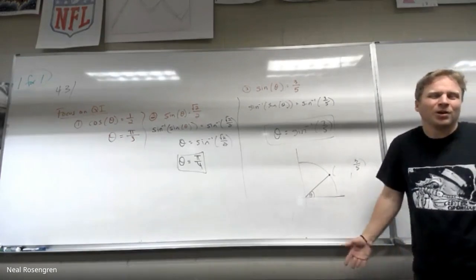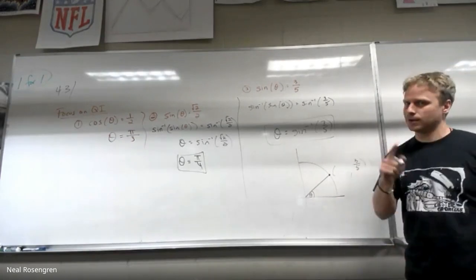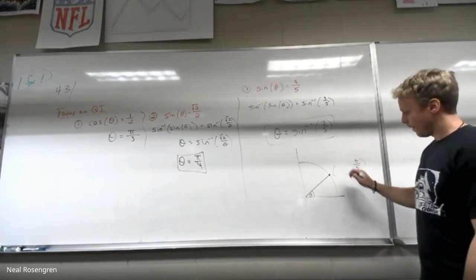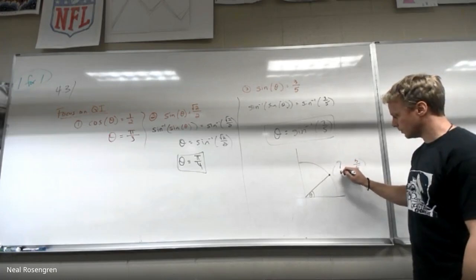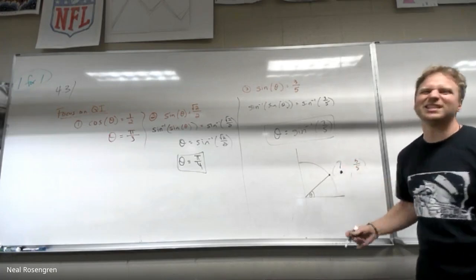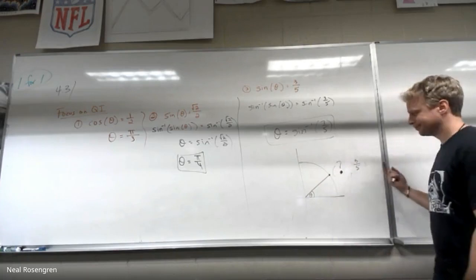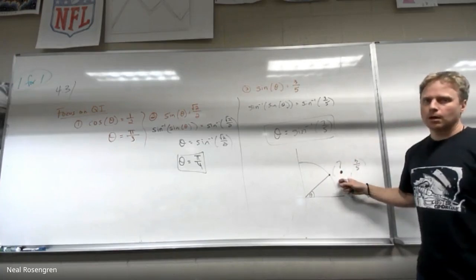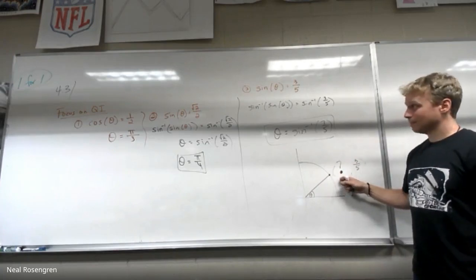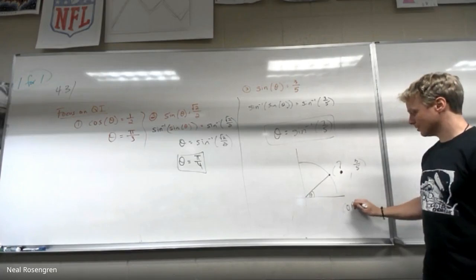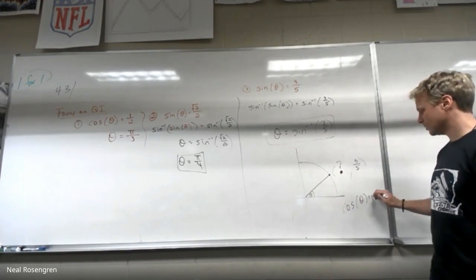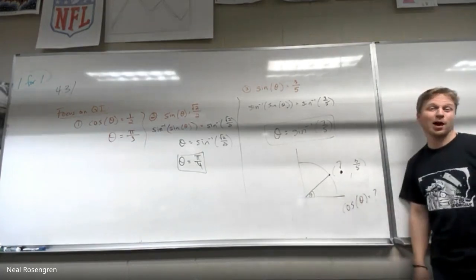Well, what good does that do me? Well, it does you this good. What if the real question wasn't what's the angle, but maybe the real question is what's cosine of theta at that spot?